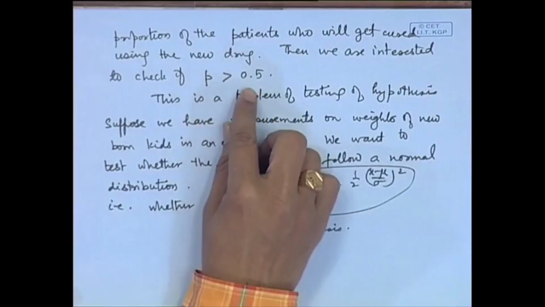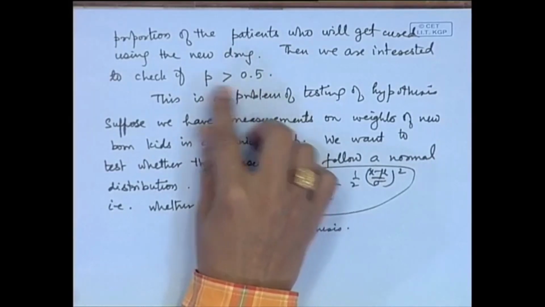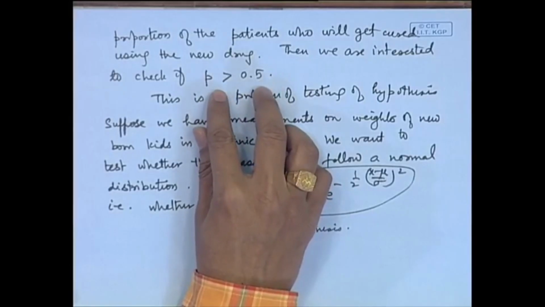Now, if we find that out of the 100 patients who took the medicine under a certain controlled experiment, only 25 recovered using that new drug, that obviously means that the effectiveness of the drug is only 0.25, and here we want to test whether p is greater than 0.5. So, this hypothesis does not seem to be a plausible hypothesis.